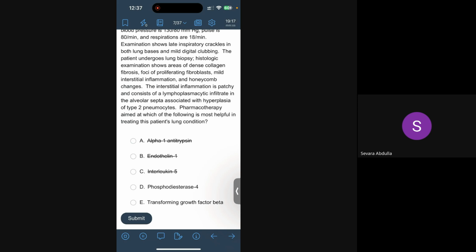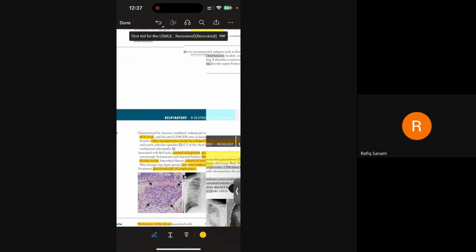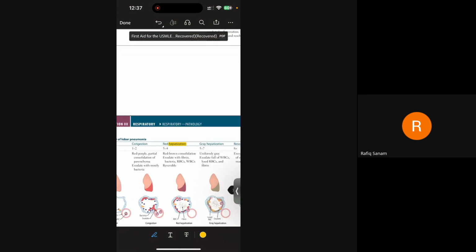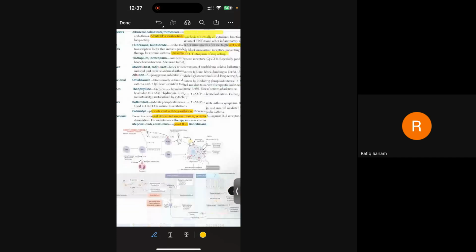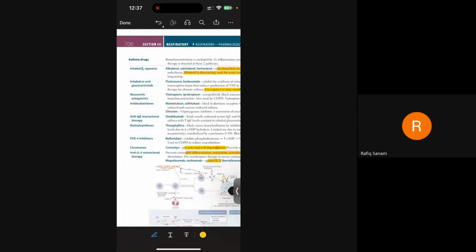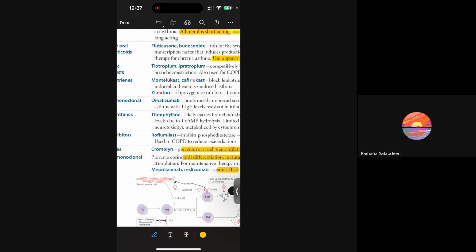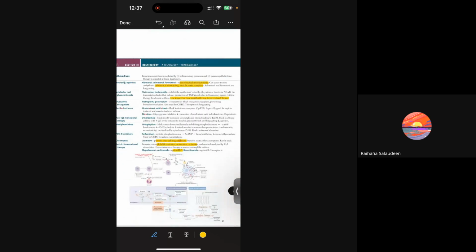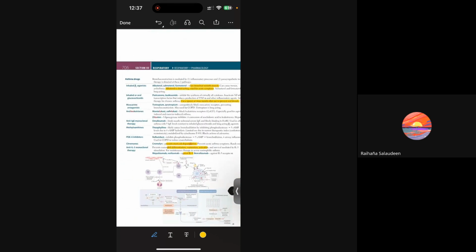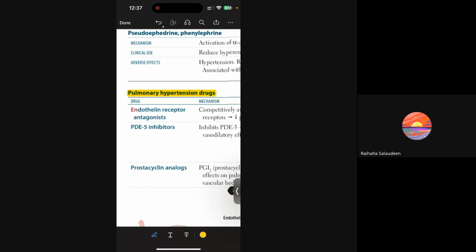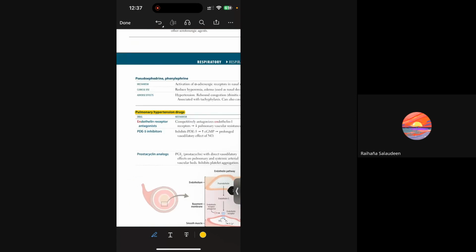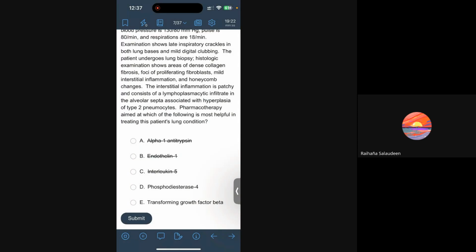No, I'm talking about PDE4, not PDE5. PDE5 inhibitors are used in pulmonary hypertension. PDE4 inhibitors, like roflumilast, are used in asthma and COPD. So what is going to be the answer here?